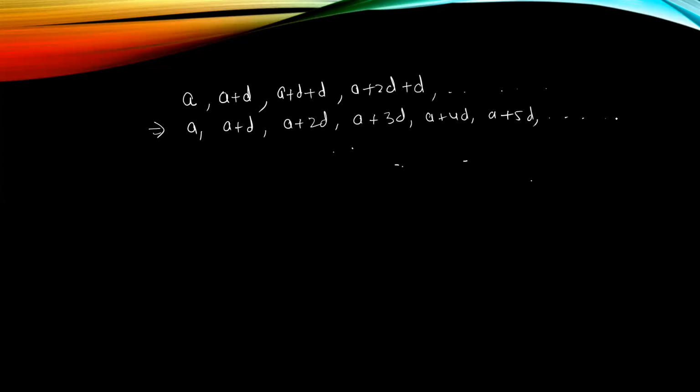What will the nth term be, an? The last term, as required. If I follow the same format, the last nth term will be my an. This is my first term. This is my second term. Here this is my third term. What is my fourth term? A4 is a plus 3d. A5 is a plus 4d.